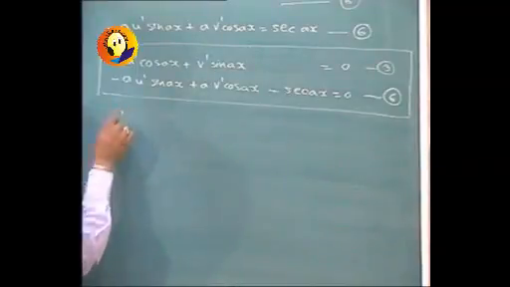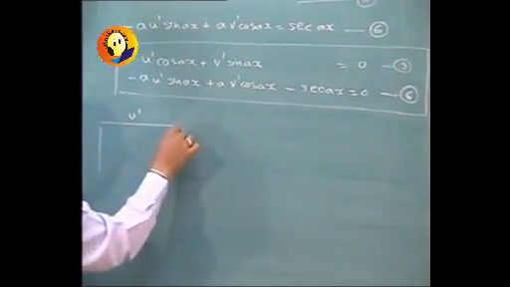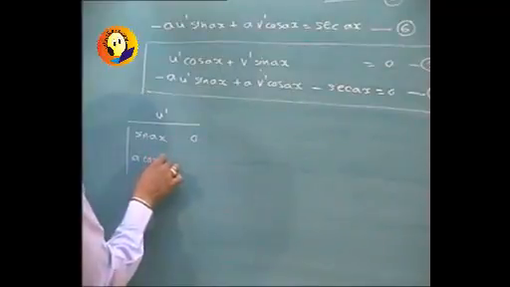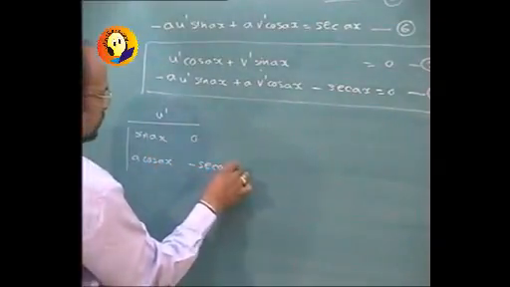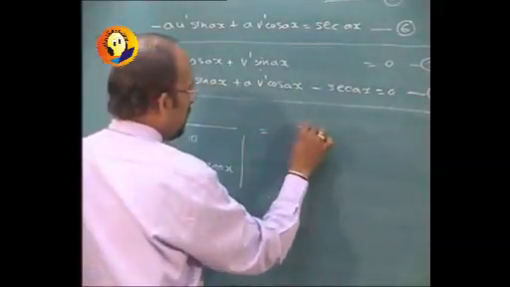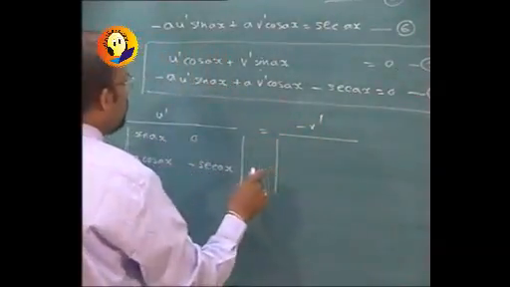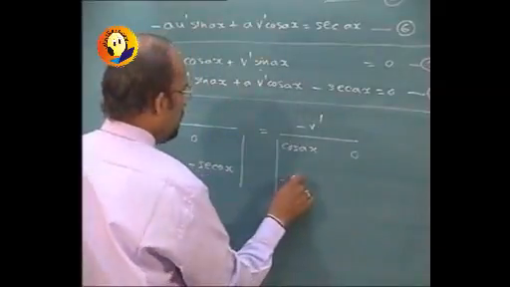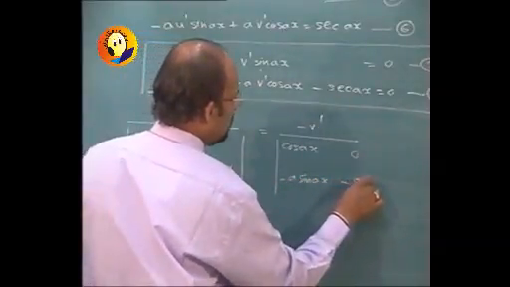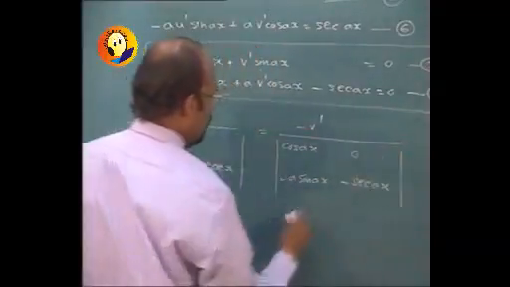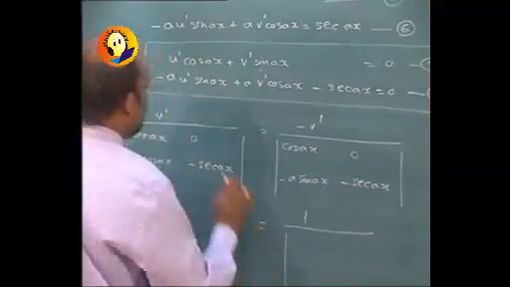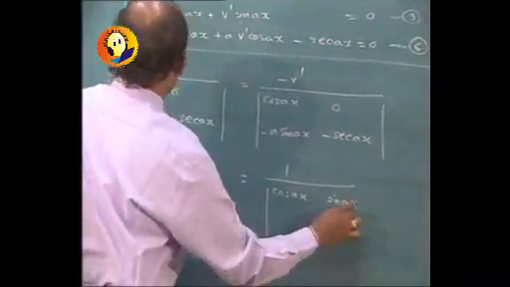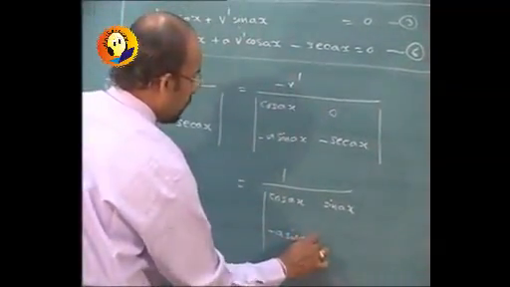It will be u dash divided by the coefficients of the other two terms, which are namely sin ax, 0, a cos ax and minus sec ax, equal to, it is alternate plus minus, minus v dash upon, so skip the coefficients of v dash, it will be cos ax, 0, minus a sin x, minus sec x, is equal to 1 upon coefficients of u dash and v dash, which is cos ax, sin ax, minus a sin x and a cos ax.